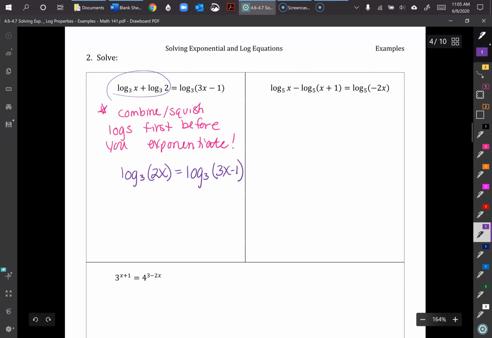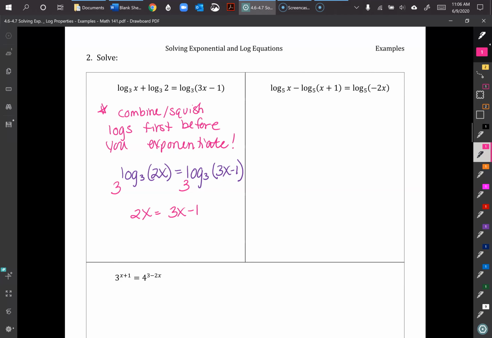It's kind of like you simplify each side before you start the process, right? So 3, 3. Now I can just do that, and I get 2x equals 3x minus 1. And you can see where that would have come out a lot different. That would have been x plus 2. It would have been left that way, and that would not be correct.